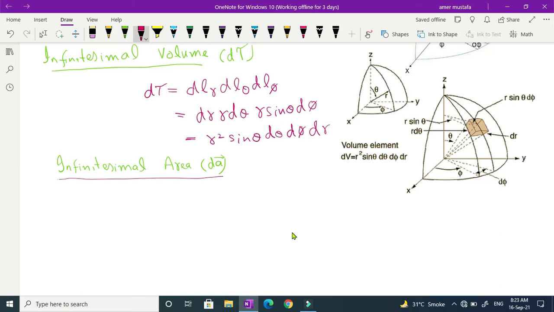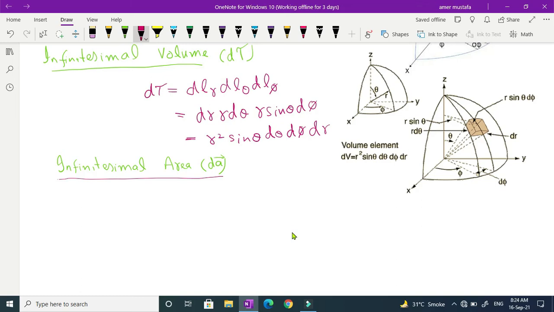If the orientation of the plane is changed, then the infinitesimal area of that plane will also change. So here we find out what the infinitesimal area is for the different orientations of the plane. Suppose the area is in the xy plane, suppose the area is on the surface of a sphere, then what will be the infinitesimal area?